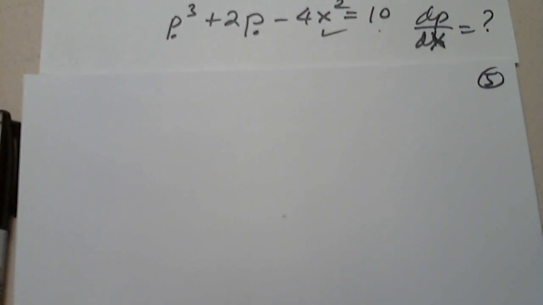Good. So, can anyone differentiate? It's the same thing. Implicit differentiation, related rates, they're exactly the same topic. Can anyone implicitly differentiate the left-hand side and the right-hand side?